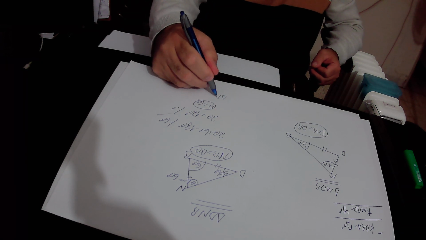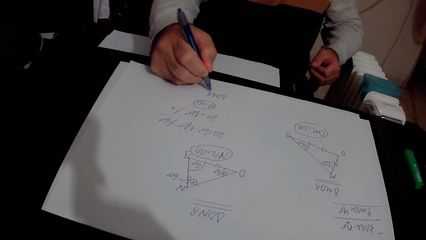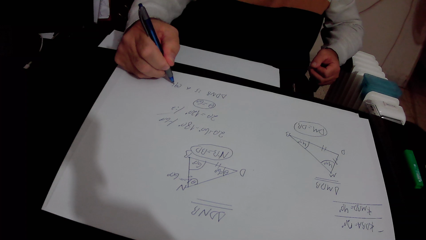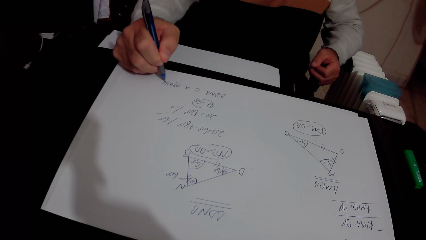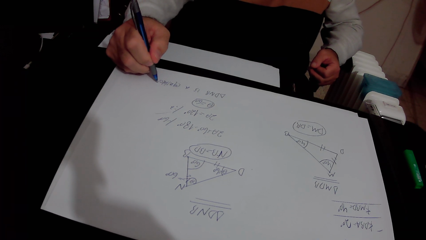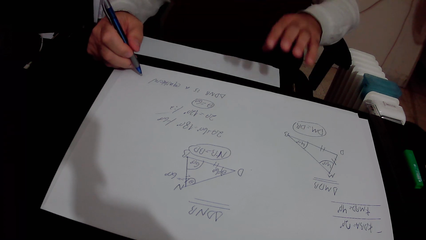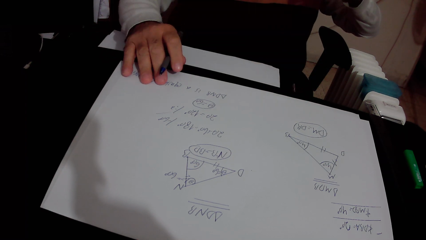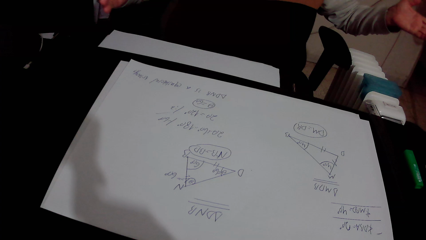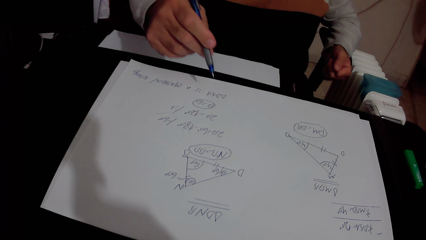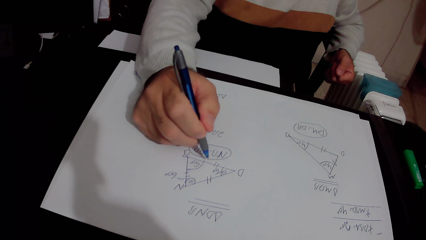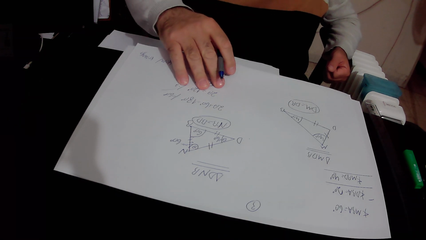Triangle DNB is an equilateral triangle. And we also know that all the sides in any equilateral triangle are equal to each other. That is to say, side DN equals side NB equals side DB. So I write it down.